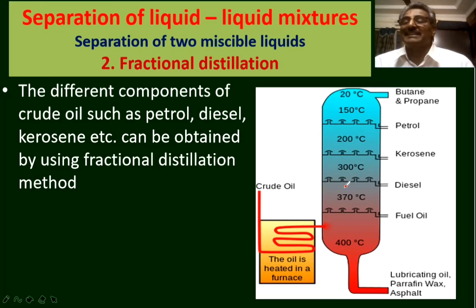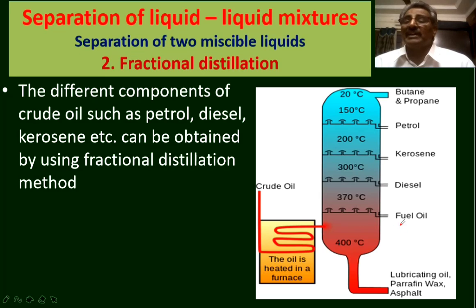When they reach certain surfaces at particular temperatures, the corresponding substances in the mixture condense at those surfaces and are separated out through separate outlets. So the various components of petroleum like LPG, which contains butane and propane, petrol, kerosene, diesel, fuel oil, etc. are separated from crude oil, that is petroleum.